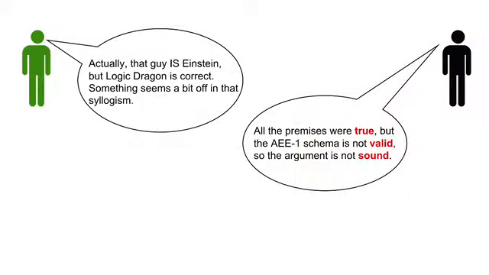And of course, that obviously is Einstein, as the fellow in green says, yeah, actually that guy is Einstein. But Logic Dragon is correct. Something seems a bit off in that syllogism. And the fellow in black says, all the premises were true, but the AEE1 schema is not valid. So the argument is not sound.